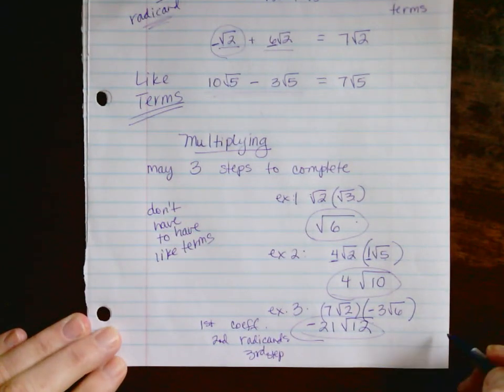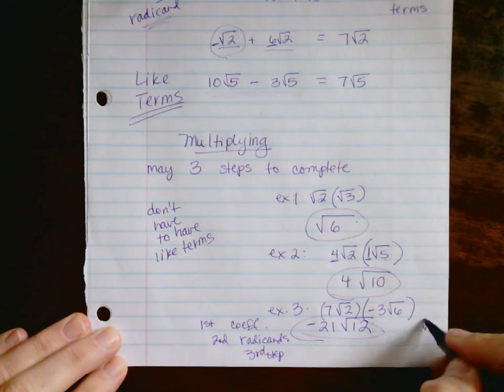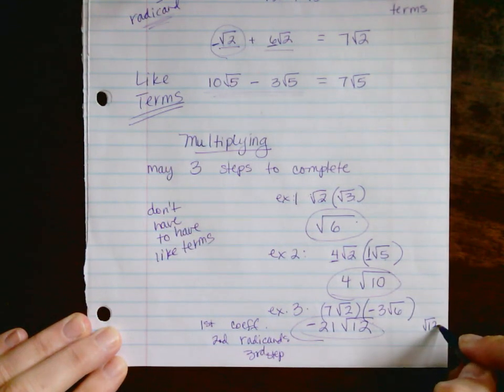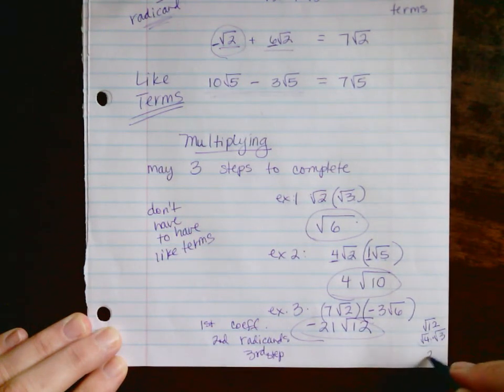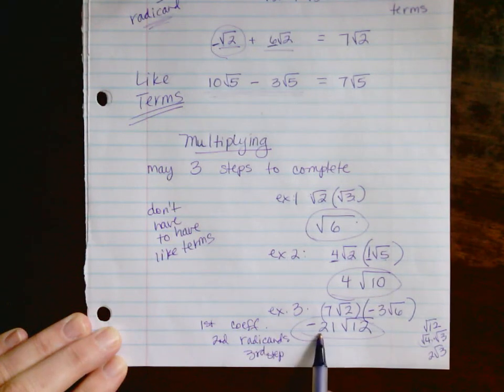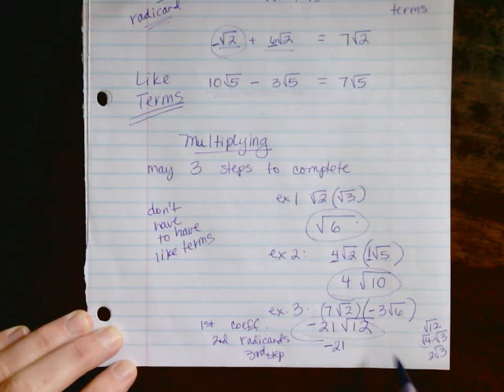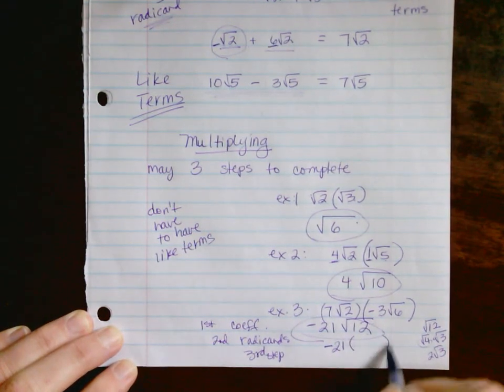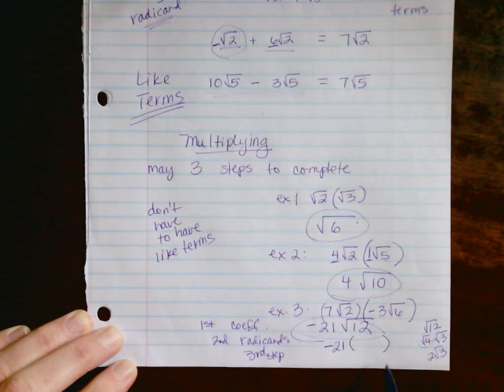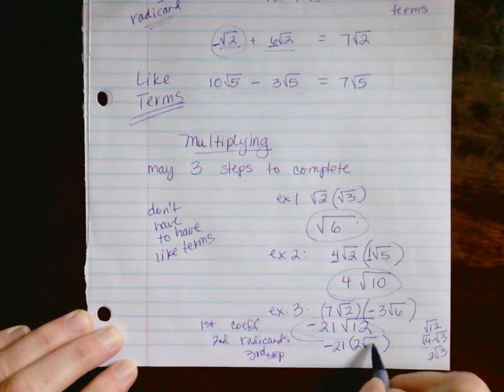So off to the side, I'm going to think to myself, wait a minute, radical 12 is the same thing as radical 4 times radical 3, and that simplifies to 2 times radical 3. So I'm going to take this expression of negative 21, and I'm going to multiply it by the equivalent of radical 12 in simplified form, which is 2 radical 3.